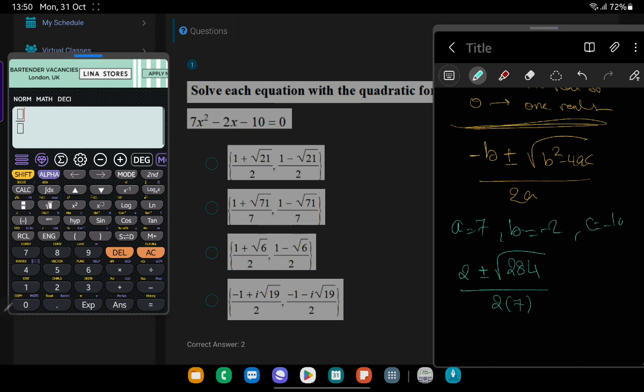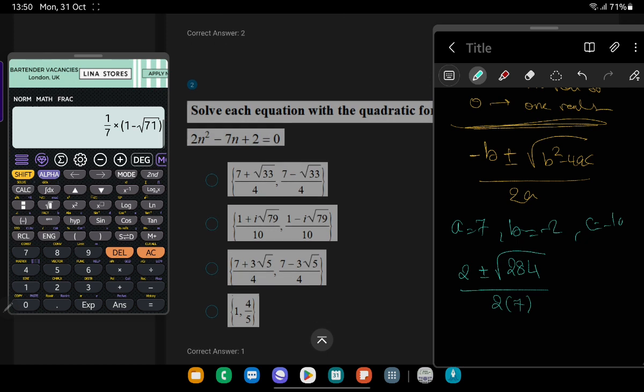Now by the calculator, do 2 plus root 284 over 14. So the answer will be 1 plus root 71 over 7. And the second one will be with the minus, over 14. So this is the answer.